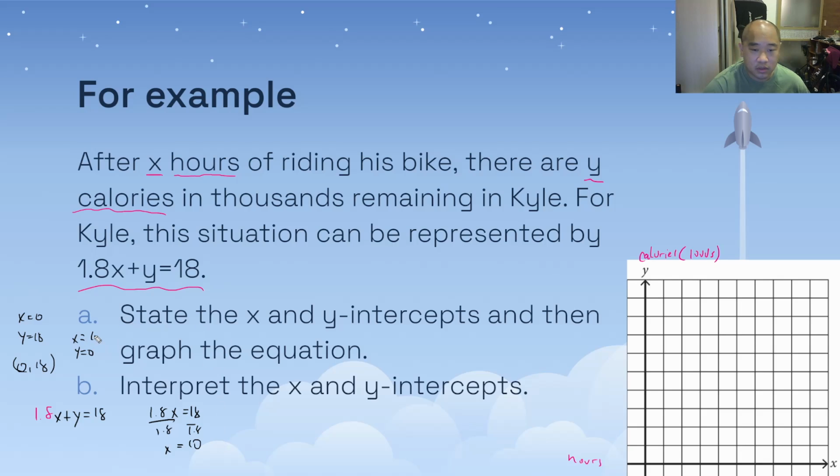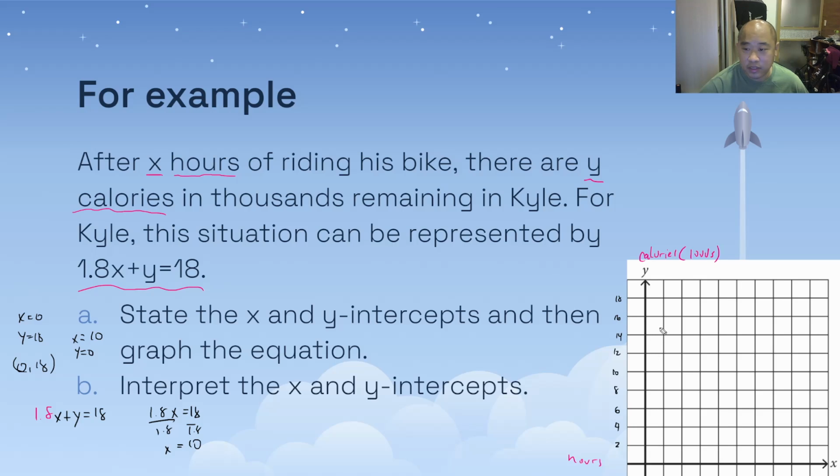So, do I have enough? I think I do. So let's graph it. 0, 18. Oh, 18. I don't have enough here. So I'm going to have to relabel this graph. So let's call this 2, 4, 6, 8, 10, 12, 14, 16, 18.